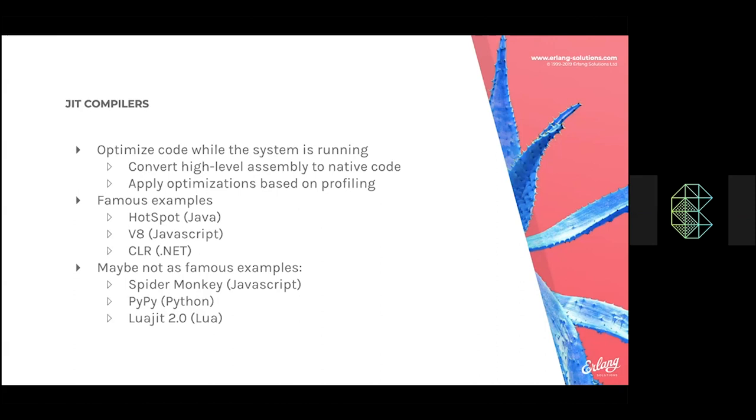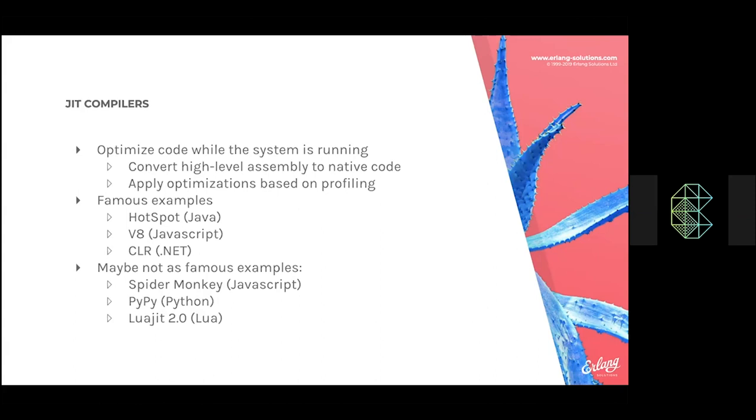Some famous examples of just-in-time compilers are the HotSpot Java virtual machine, which has been around a long time, V8 for JavaScript, which is Google's JavaScript engine in Chrome, and the CLR, which is the C# .NET runtime.